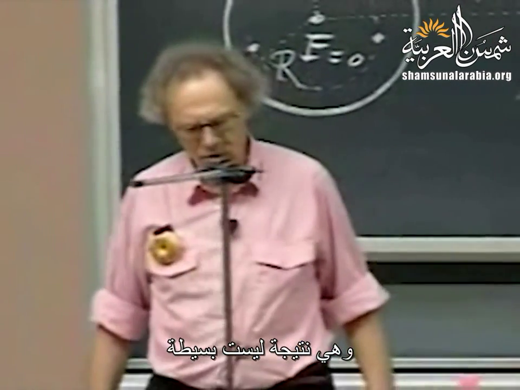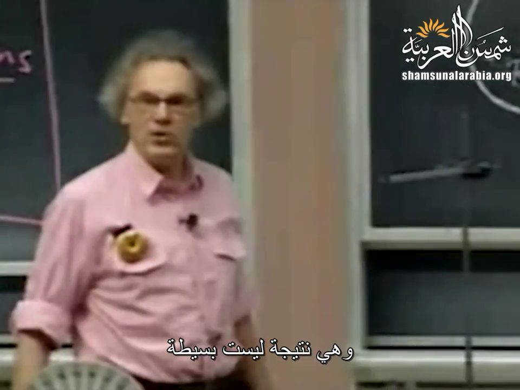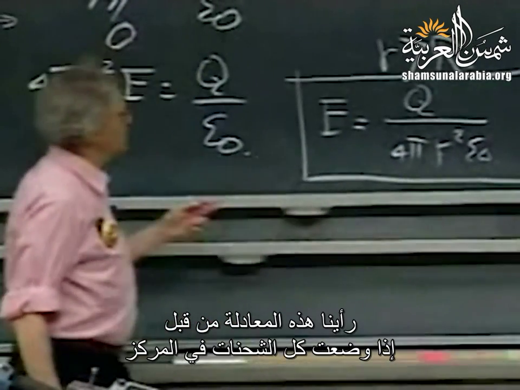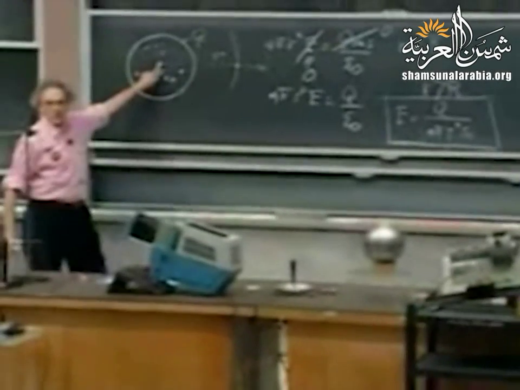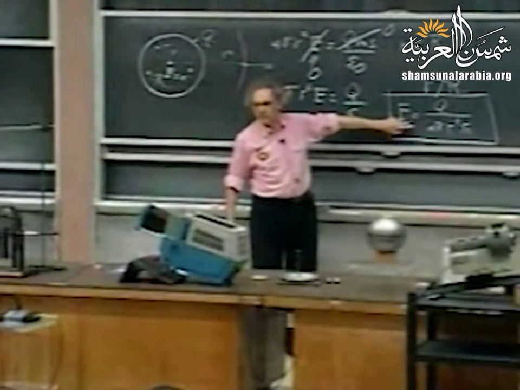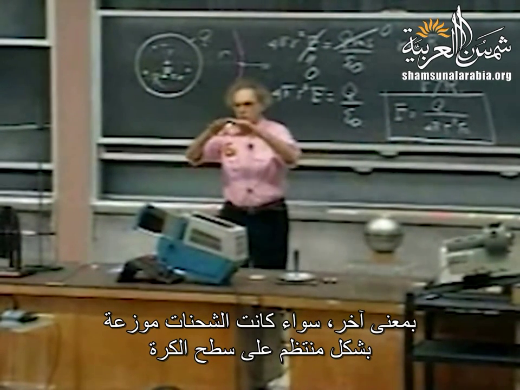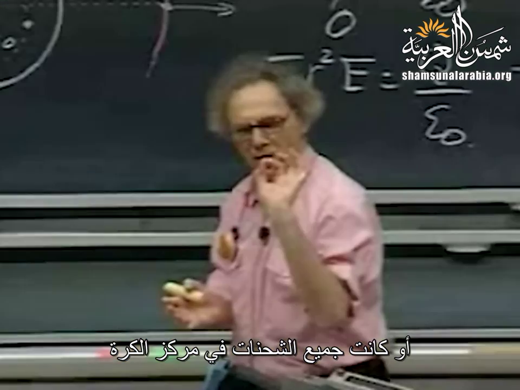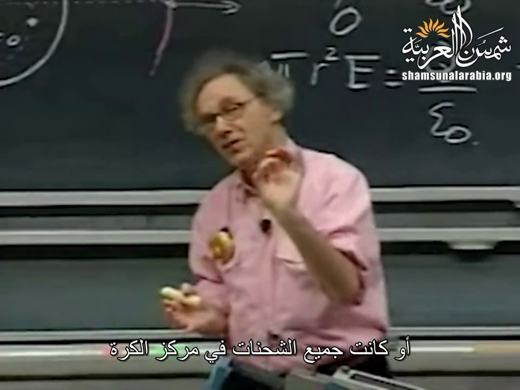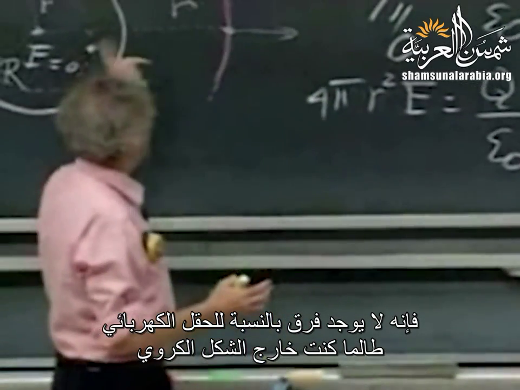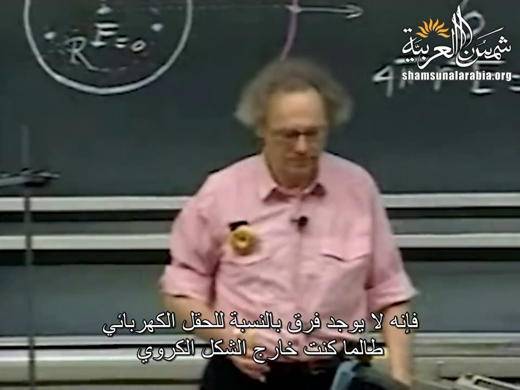And this is a non-trivial result. We have seen this before. If I had put all the charge right here at the center, we would have gotten exactly the same answer. In other words, whether the charge is uniformly distributed over a sphere, or all of it is exactly at the center of the sphere, that makes no difference for the E field as long as you're outside the sphere.